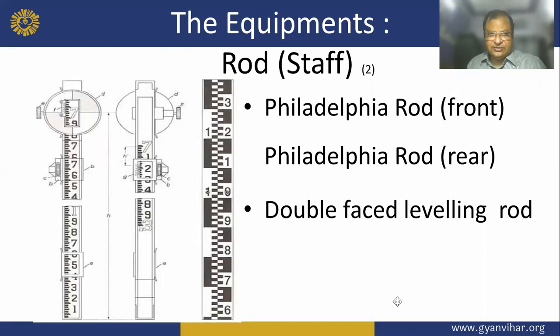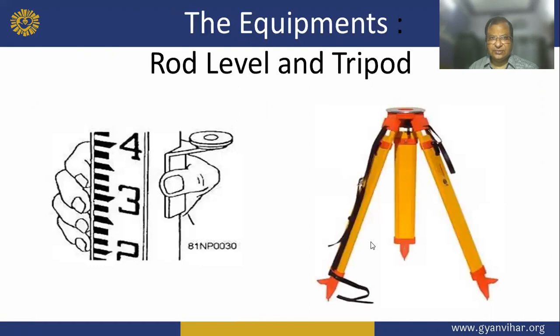This is a rod or staff, both names are the same. The equipment: rod, level and tripod. This is the rod level and that is the tripod. This is the level.